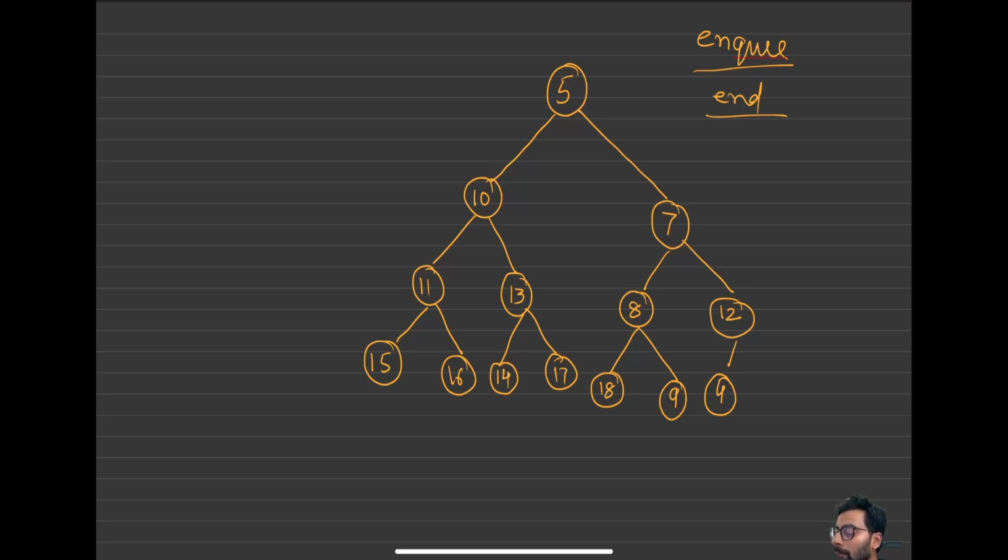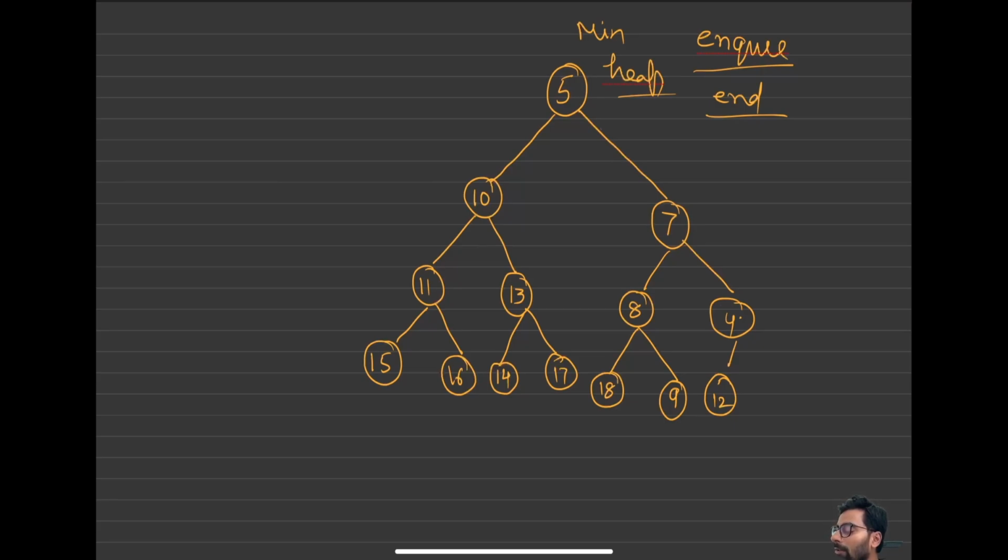But since it's a min heap, it should have been opposite. 4 should have been here and 12 should have been here, because the root can't be more than its children, right? So to maintain the heap property, the new element will be swapped with this value. So now 4 will come here and 12 will go here.